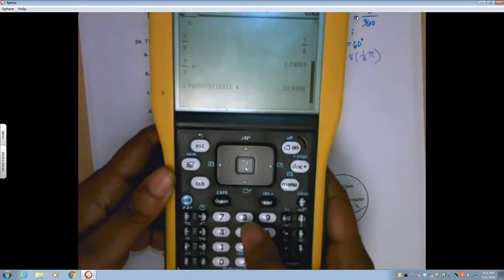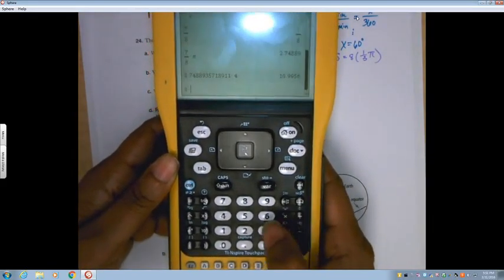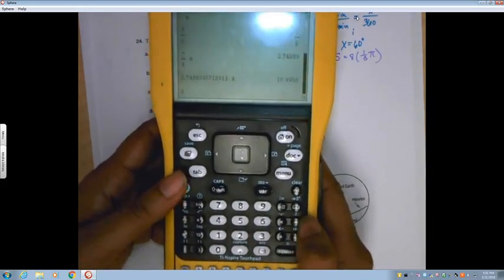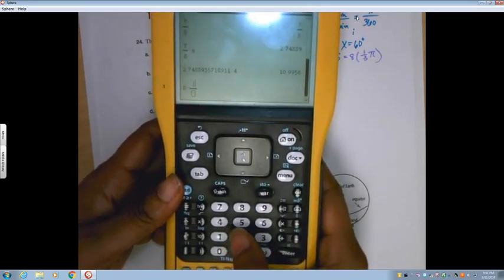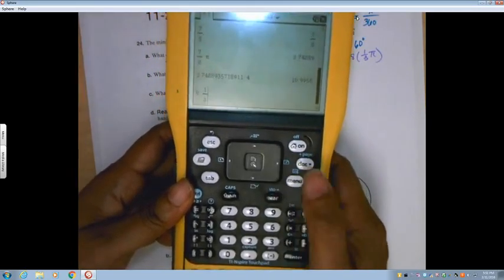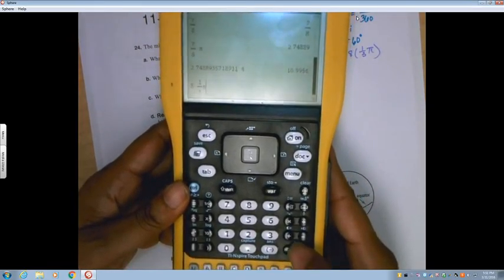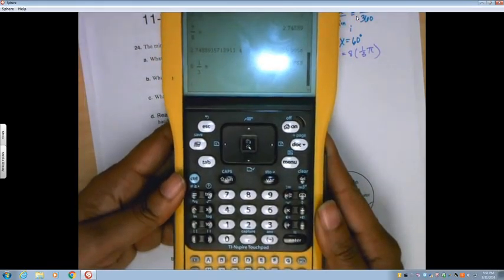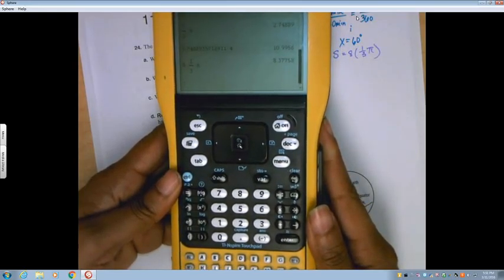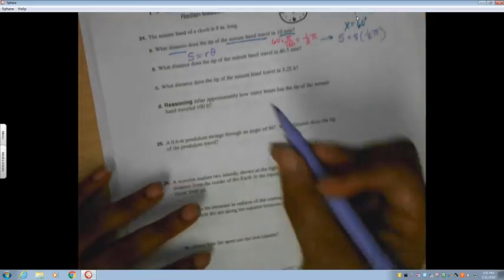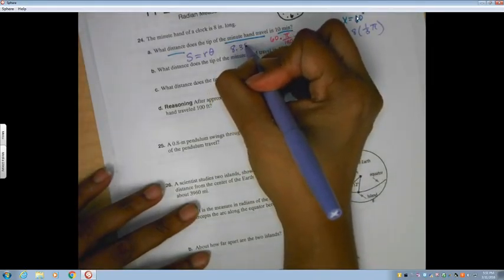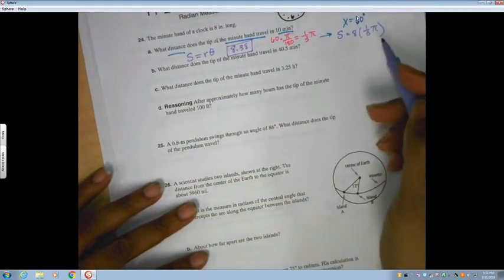So I type 8 times, control divide gives me a fraction, 1/3, just a recap, and then pi here. Hit enter, and that's about, sorry about the glare, 8.38. So the answer here was 8.38 when you plug it in.